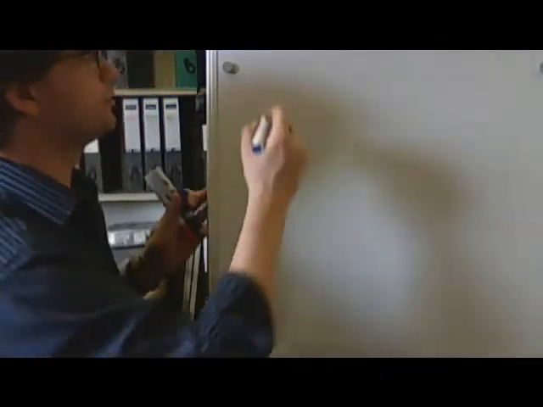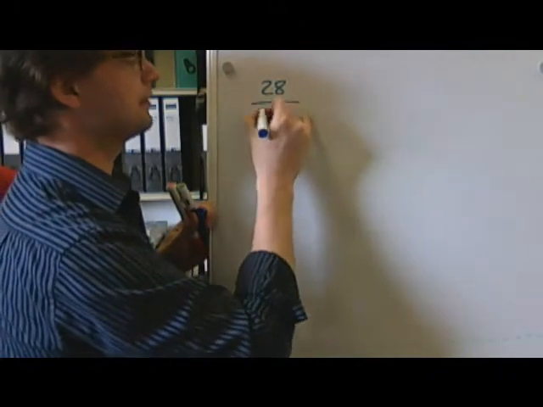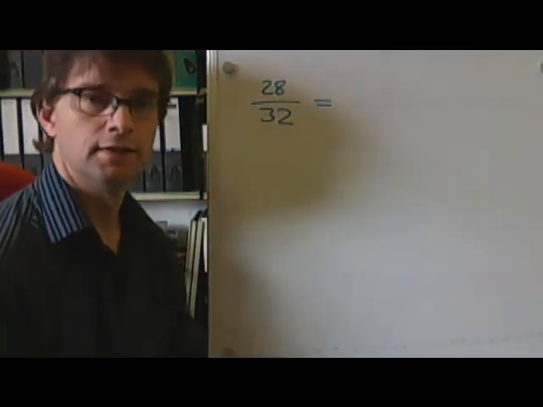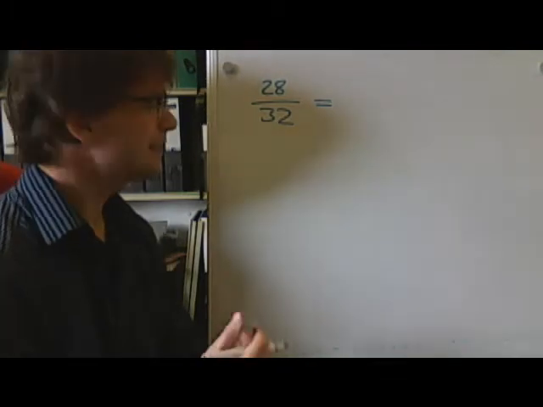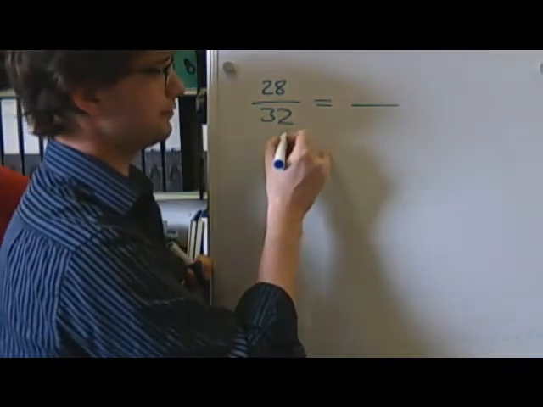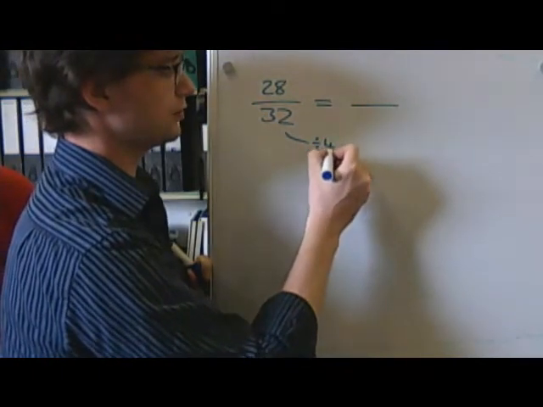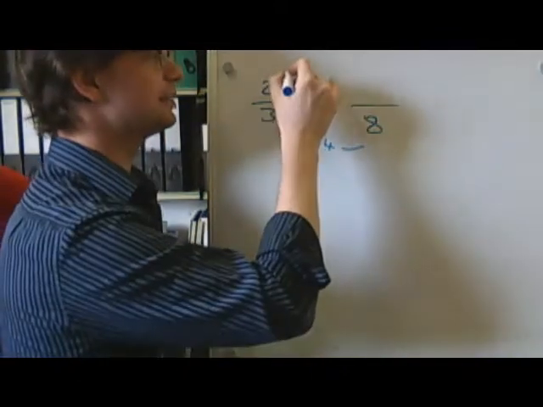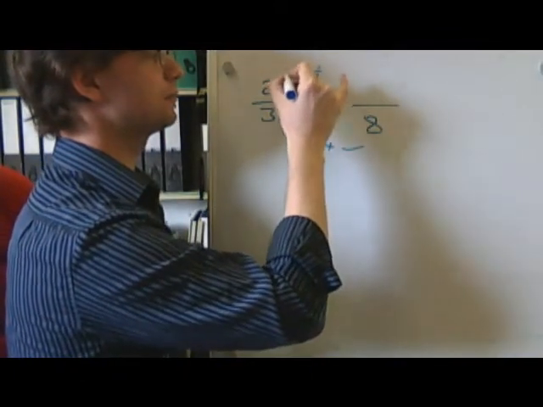Suppose I showed you 28/32. Well, I can think to myself, well, hang on. I can divide this by 4, can't I? I get 8. And I can divide this by 4.